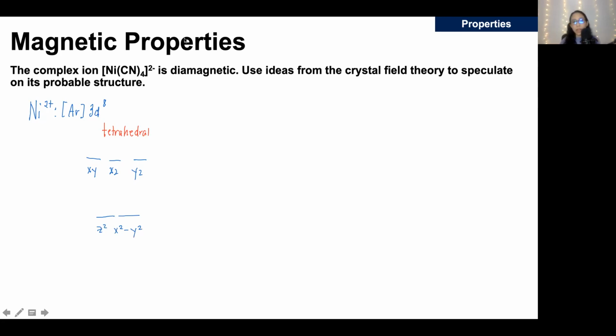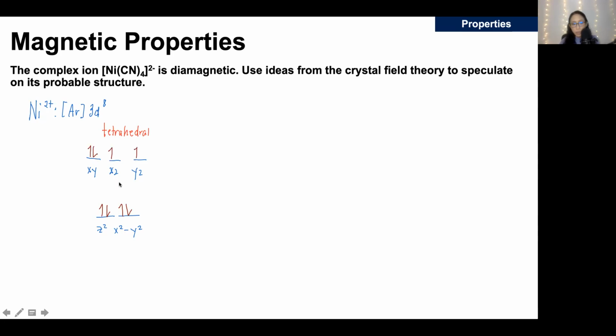Again, cyanide is a strong field ligand. So how should we fill the electrons? We start by filling these two lower energy orbitals, so that would be 1, 2, 3, 4. And then we move to the next level, 5, 6, 7, 8.